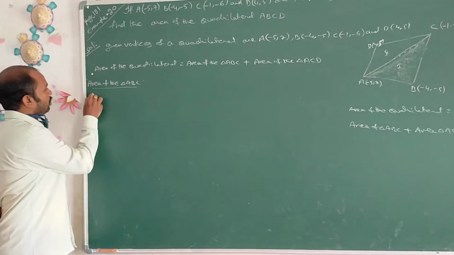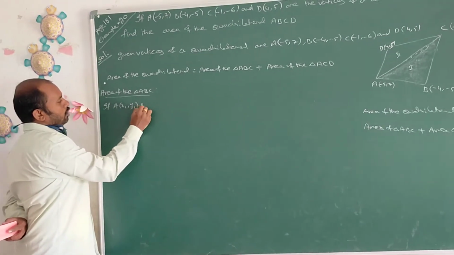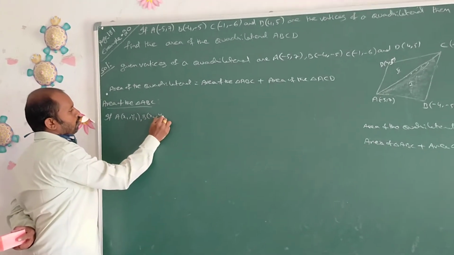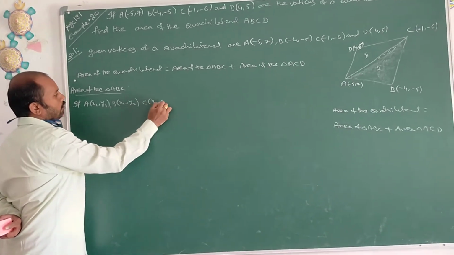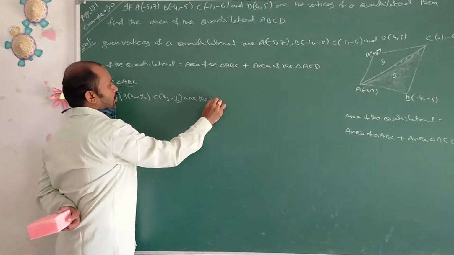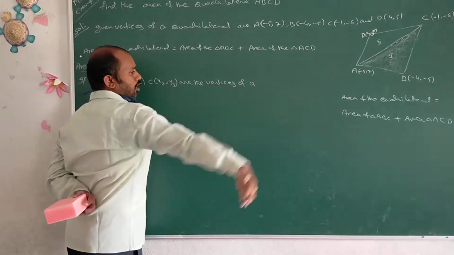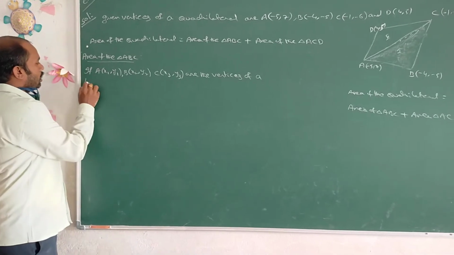First you write the formula. If A(x1, y1), B(x2, y2), C(x3, y3) are the vertices of a triangle.